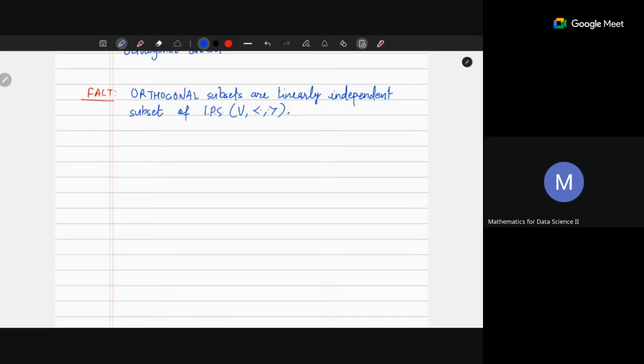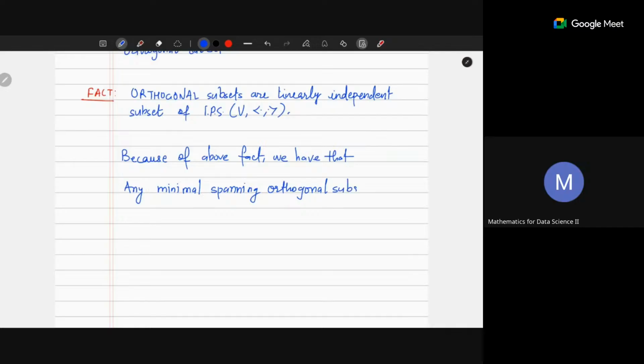Let me write that down as well. Because of our fact, we have that any minimal spanning orthogonal subset of vectors in an inner product space forms an orthogonal basis.